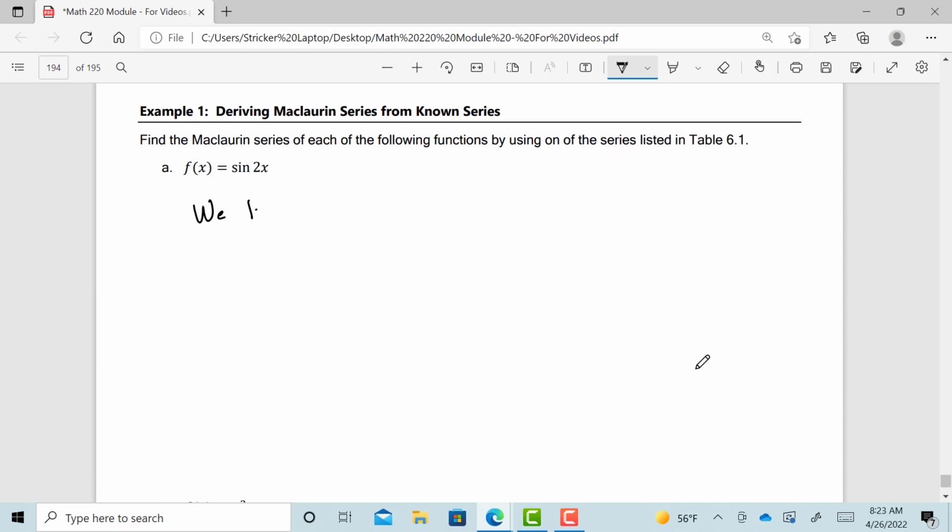We know sine x is equal to this series. That has been established.